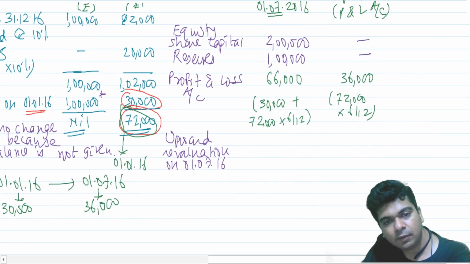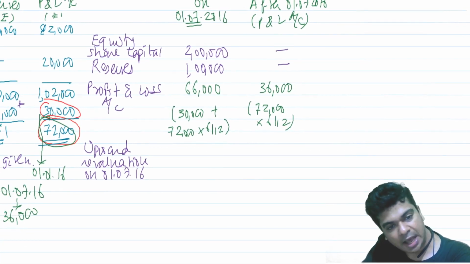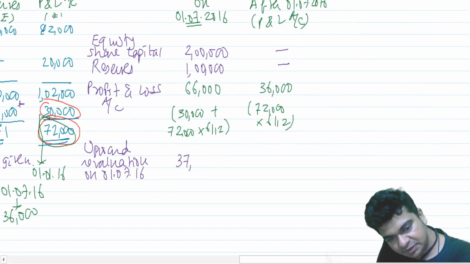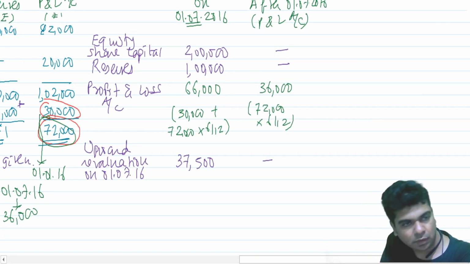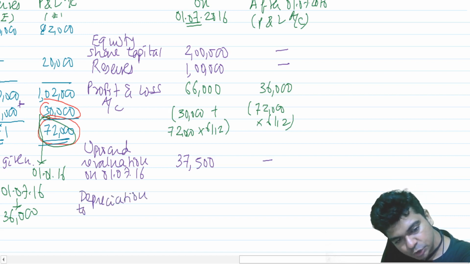So I'm saying here, upward revaluation on 1st July, yes, 37,500. And then we say depreciation to be provided.